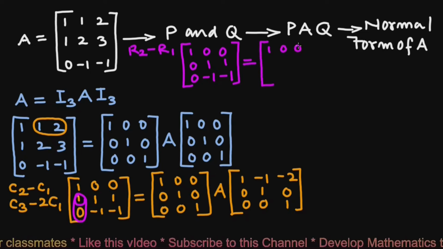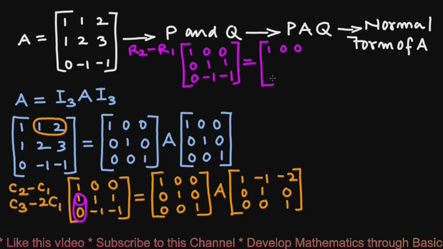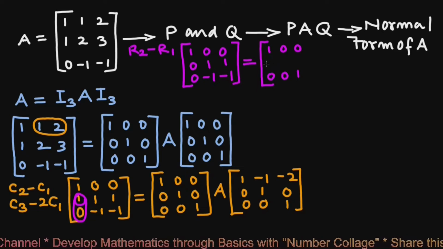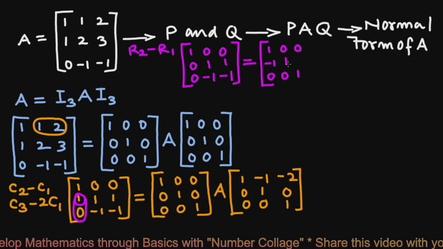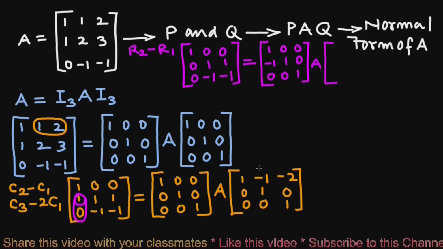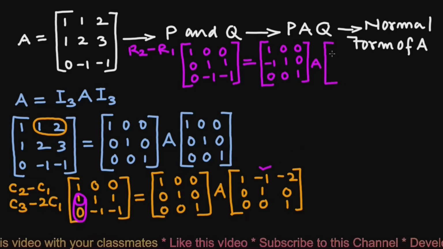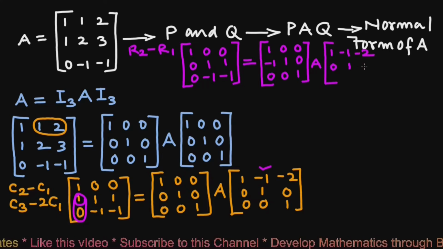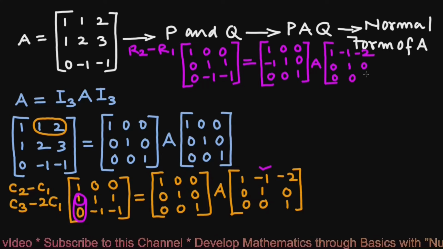We write the first row and the third row as they are. The second row becomes 0 minus 1 = -1, 1 minus 0 = 1, 0 minus 0 = 0, then A, then the post factor will remain as it is. So 1 -1 -2, 0 1 0, 0 0 1.